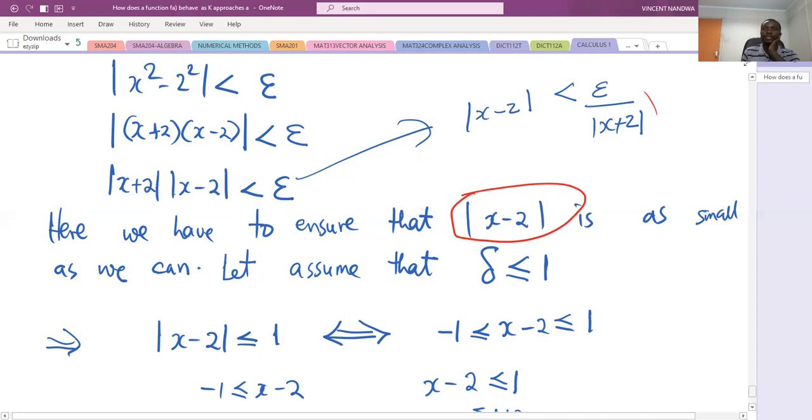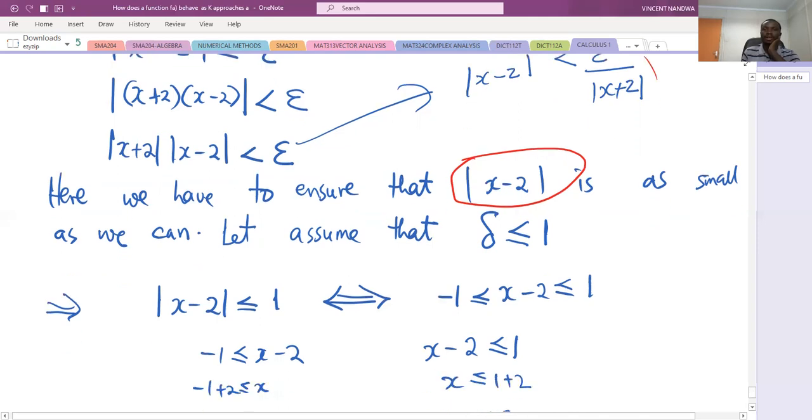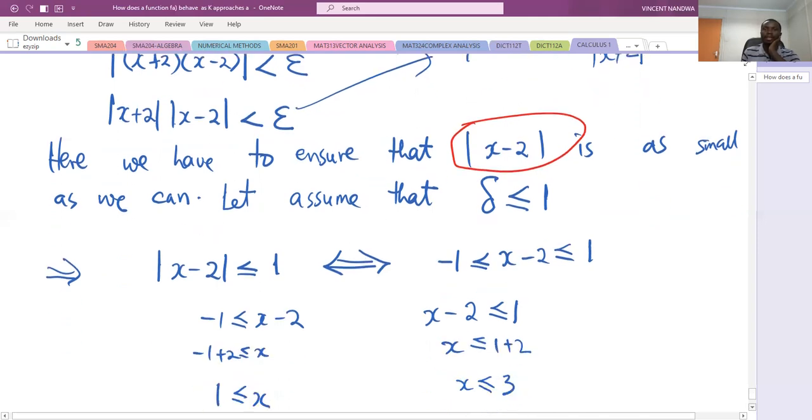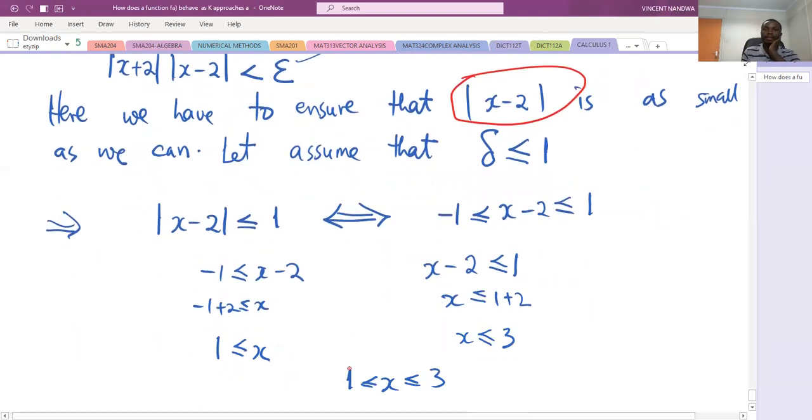So with these two values of x, 1 and 3, the one that will make x plus 2 larger is when we pick 3. So therefore we say 3 plus 2 to give us 5.